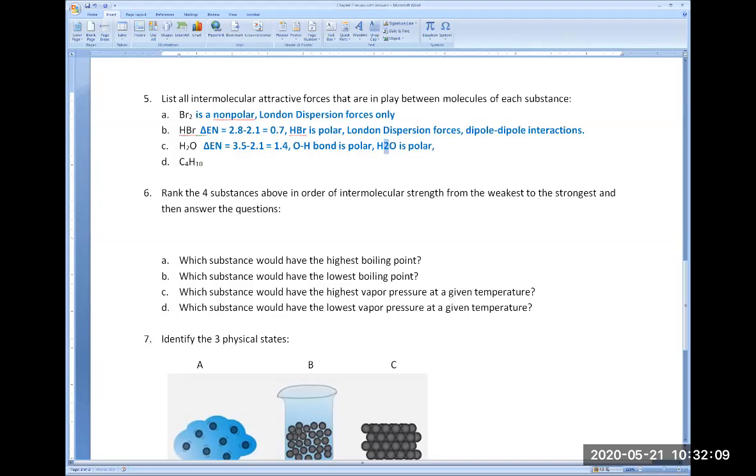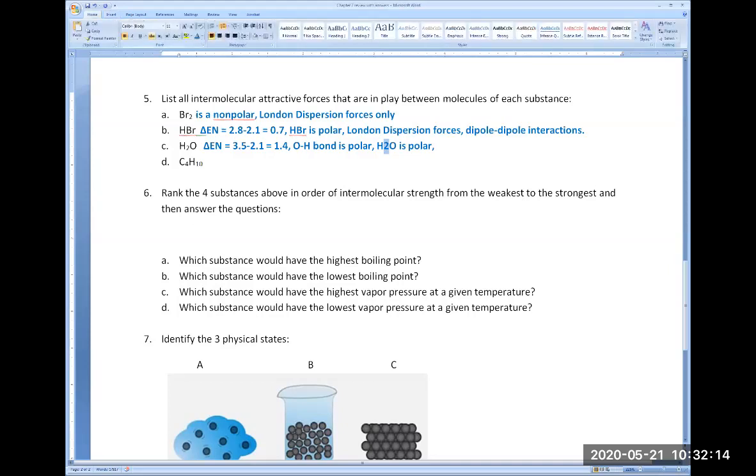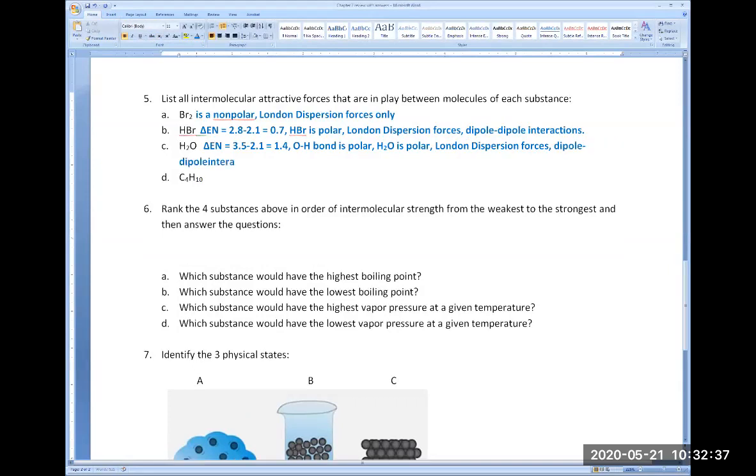Okay, so let's decide now what are the intermolecular attractive forces. As always, list the London dispersion forces because they are always there for all molecules. Then the question is, do we have dipole-dipole interactions or not?